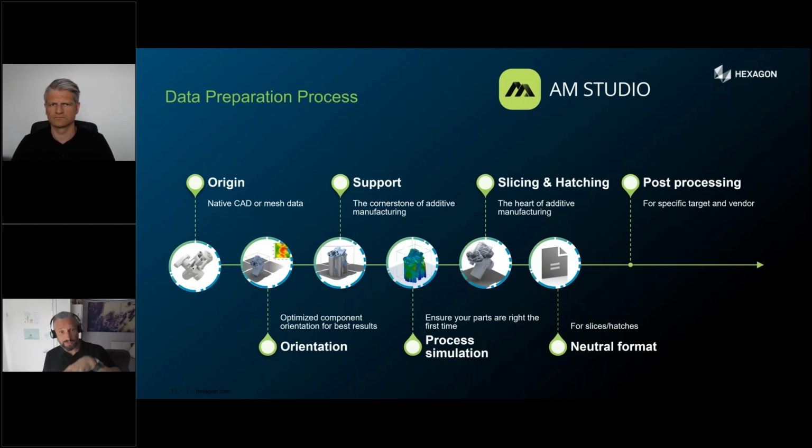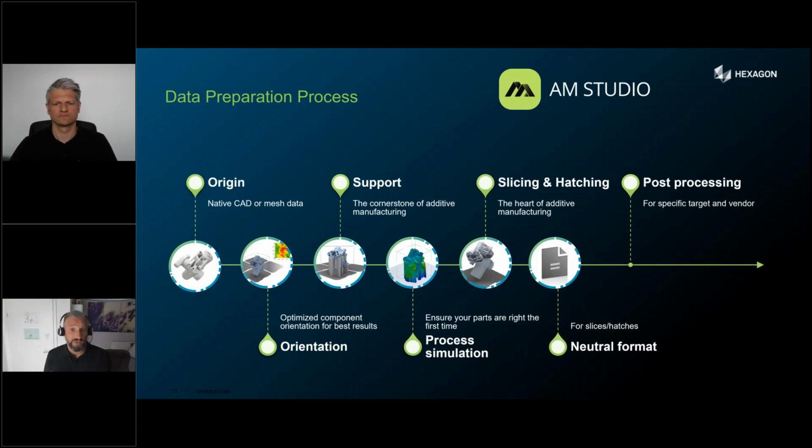So you need to connect the part with the build plate to prevent distortions, but for sure you will have distortions, and therefore we have the process simulation. With the process simulation, with the subset of Simufact, which is included in AM Studio, you can have a first guess to see which deformation you will have, to make a pre-deformation, check if the support is stiff enough, and if everything is working, it comes to slicing and hatching.